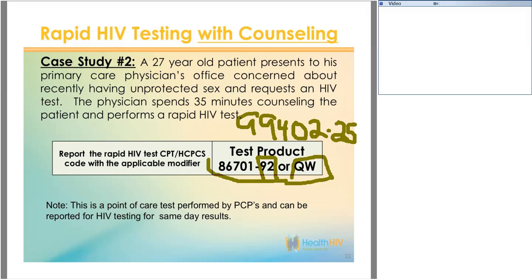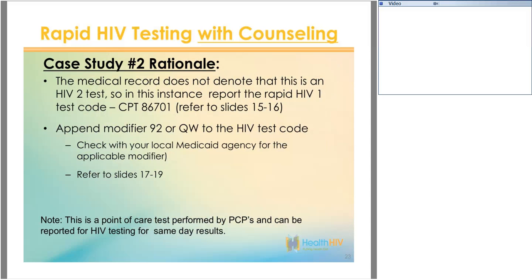And again, this is a PCP doing a point of care test where the results will be administered the same day. If you're drawing blood work, then you should not be using this code. The next PowerPoint series, after we discuss this rationale, will provide you an overview of how to report those that are specific to when the labs are sent out for processing.